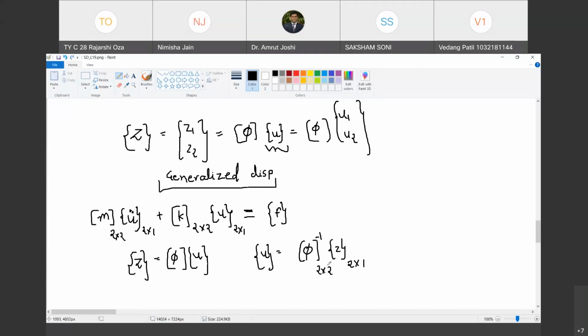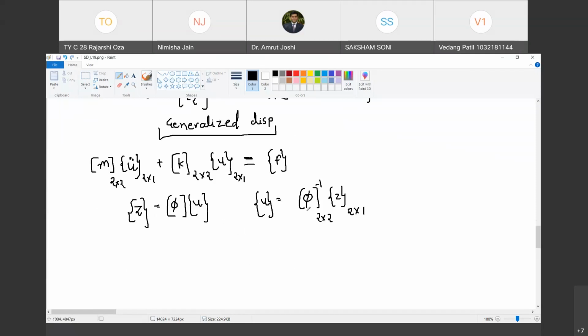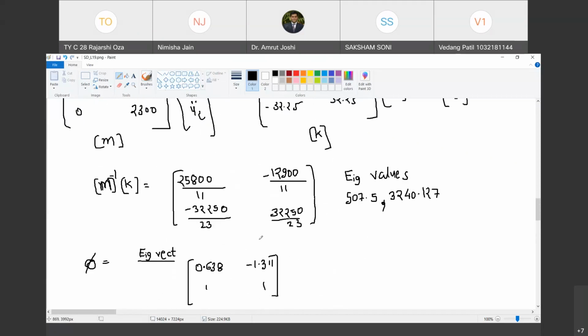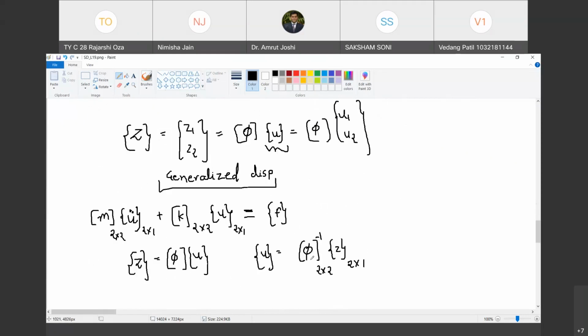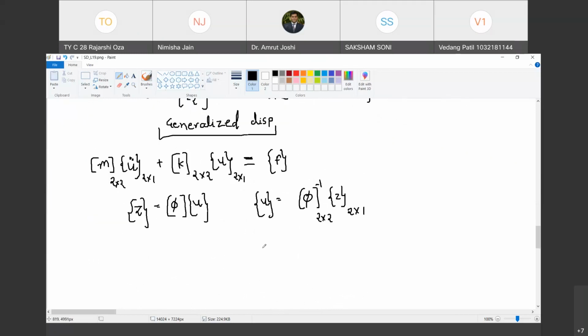Happy? Yes. Now, mind you, the terms involved in the phi matrix are constants. Do you see the values here? 0.6381, minus 1.311 and 1. So phi is a matrix of constants or scalars. Do you agree with me? Yes, sir. So if I were to take u dot, u dot consists of two terms, u1 dot and u2 dot.